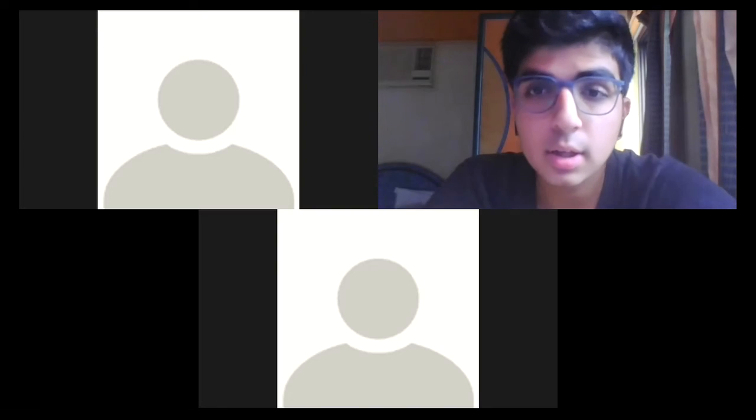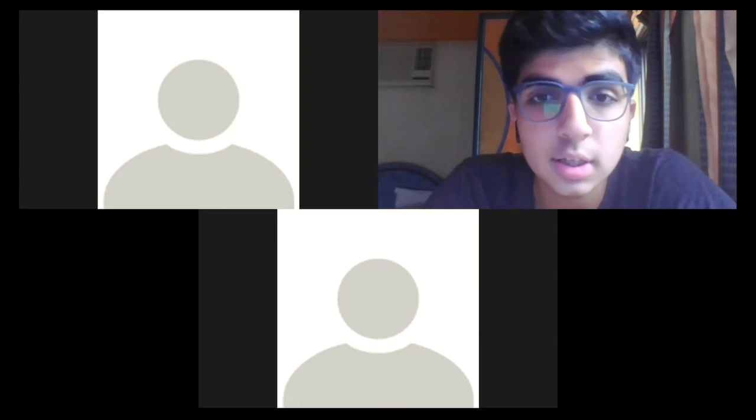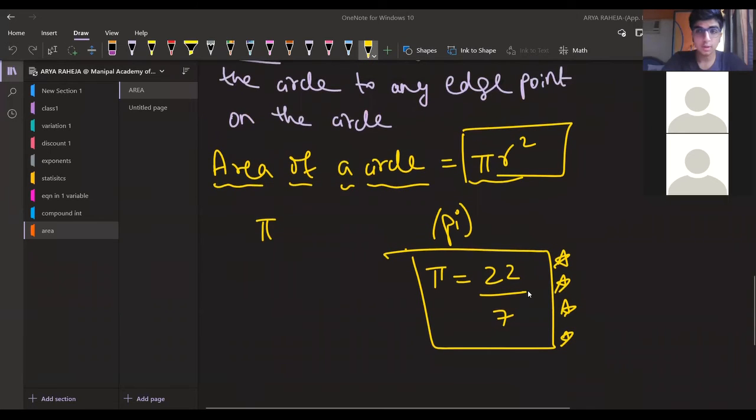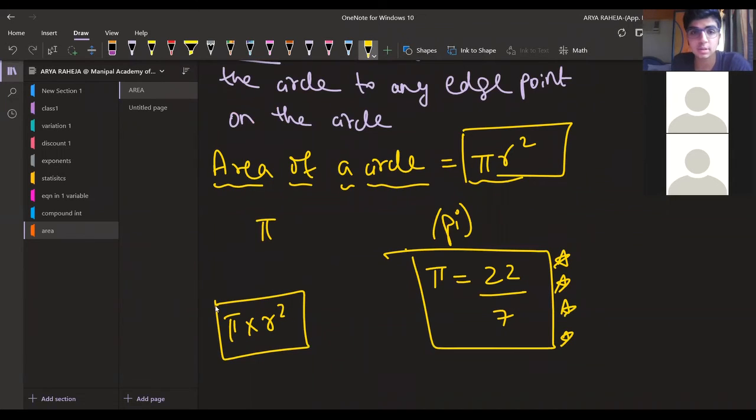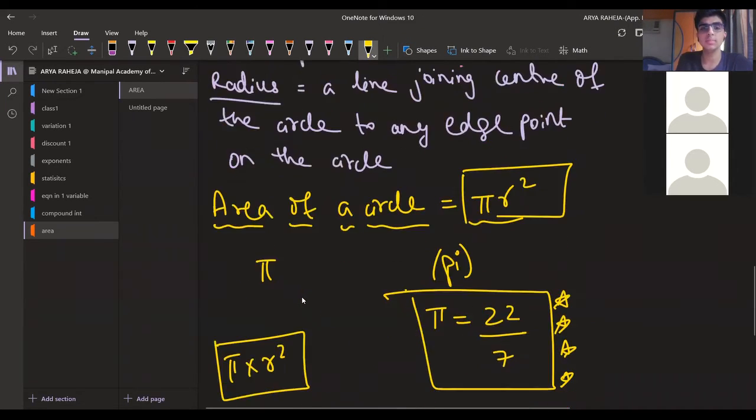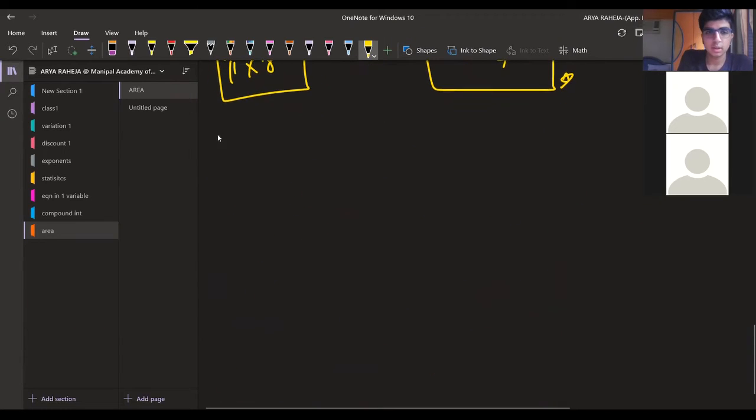Okay. Yeah, so let's continue now with area we were doing of a circle. Yeah, my screen I've shared it. So I wrote that area of a circle is pi r square. So pi multiplied by radius का square. Pi multiplied by the square of the radius of the circle. ठीक है, तो just do one question.